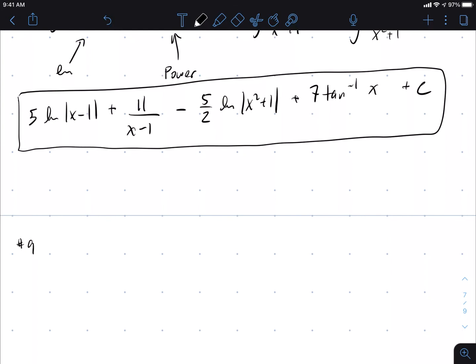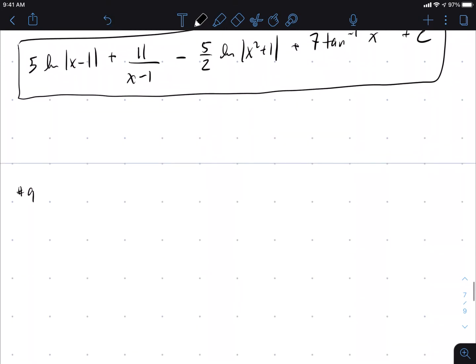So let's do the trapezoidal. If I give you an integral from 1 to 4 of 7 square root of ln of x dx. And I say, all right, my n is 6.